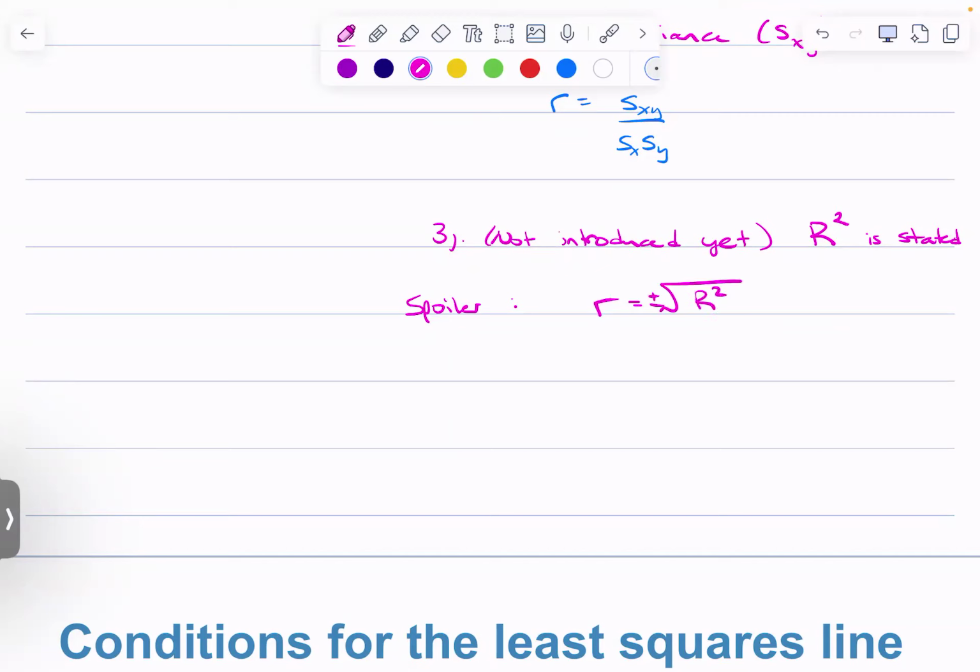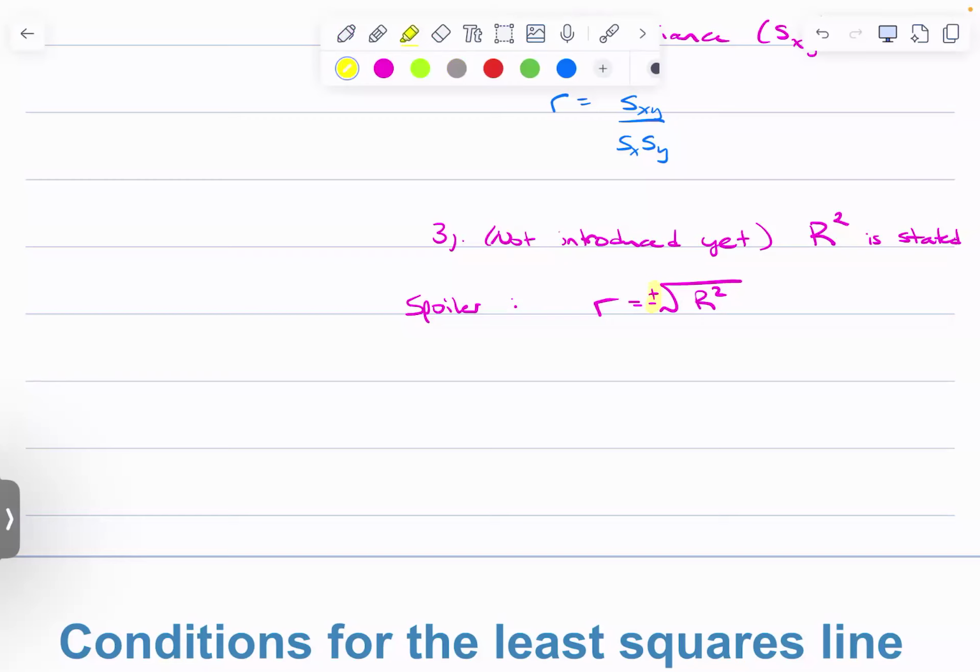But when I take the square root, I need to tack on the plus minus, because if I have it squared, then it becomes positive. We know that about squares. But if I have a negative relationship from the scatter plot, then you would need to add that back in. I'll make that clear here.